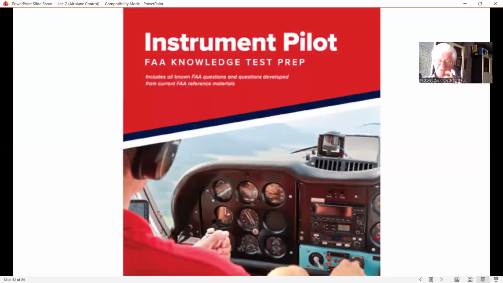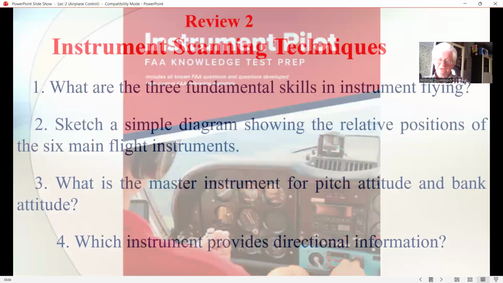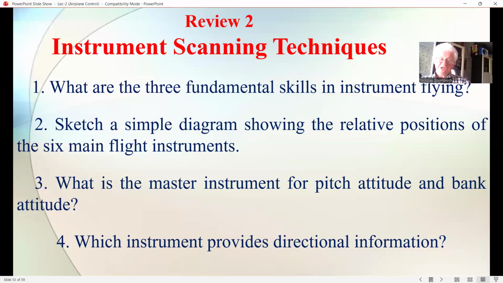And now let's start our second quiz. After each lecture, we will have a quiz. Okay? So let's start. Instrument scanning techniques. We have here 4 questions. First, what are the 3 fundamental skills in instrument flying?